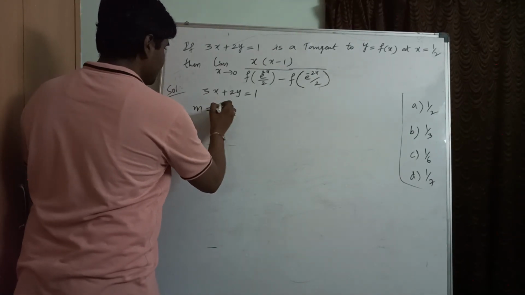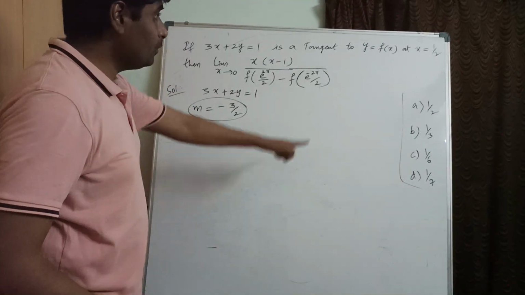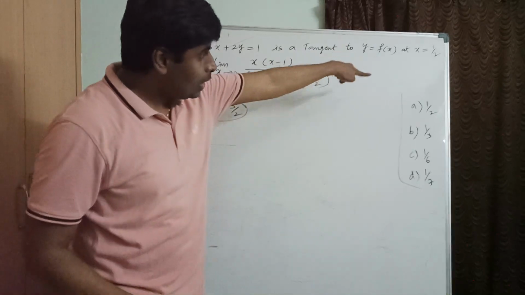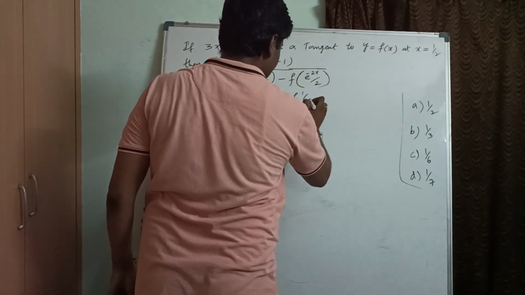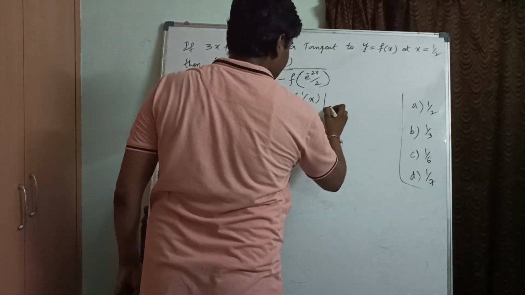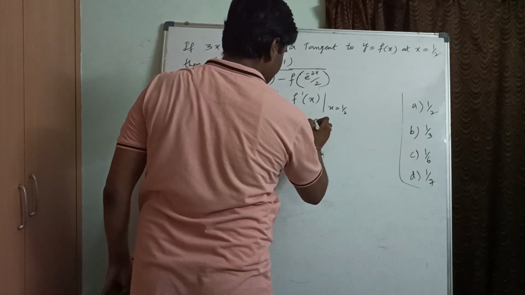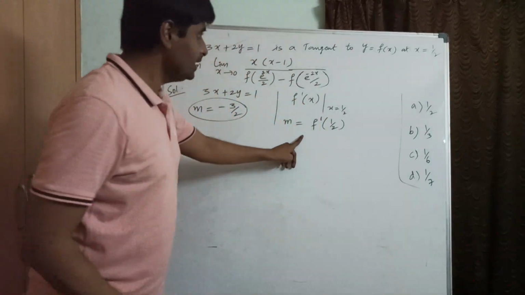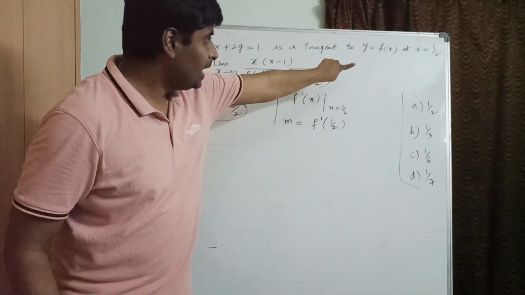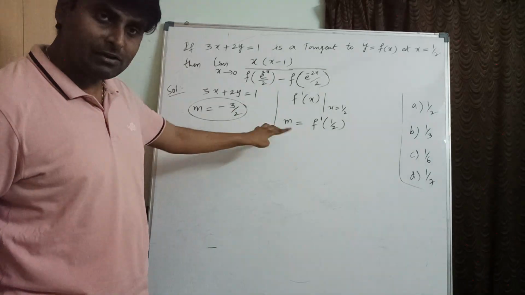Minus a by b, minus 3 by 2. Hope you can understand. And from the curve, how can we get the slope? Just differentiate f dash of x at x equal to 1 by 2. Then what is the slope here? F dash of 1 by 2. Clear? We derive f dash of x and substitute 1 by 2. This slope and that slope are equal.